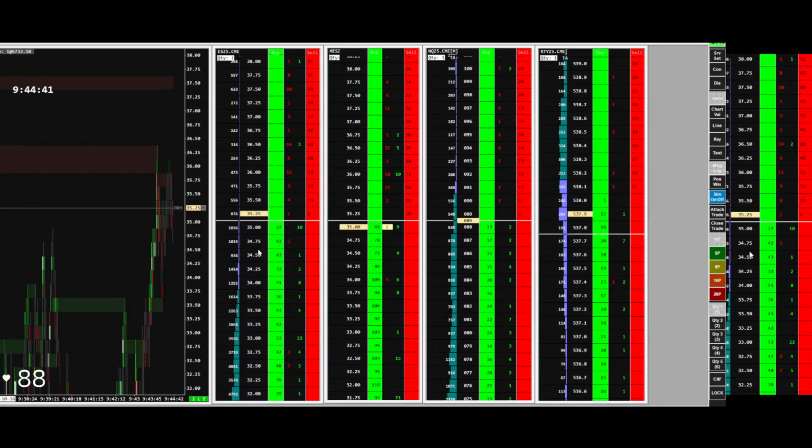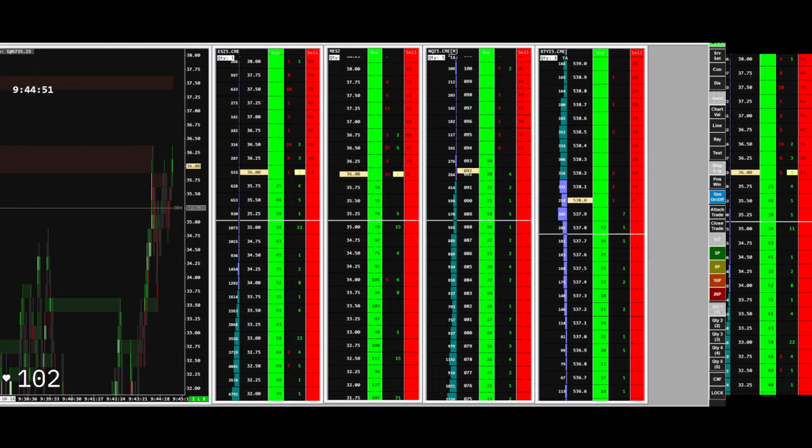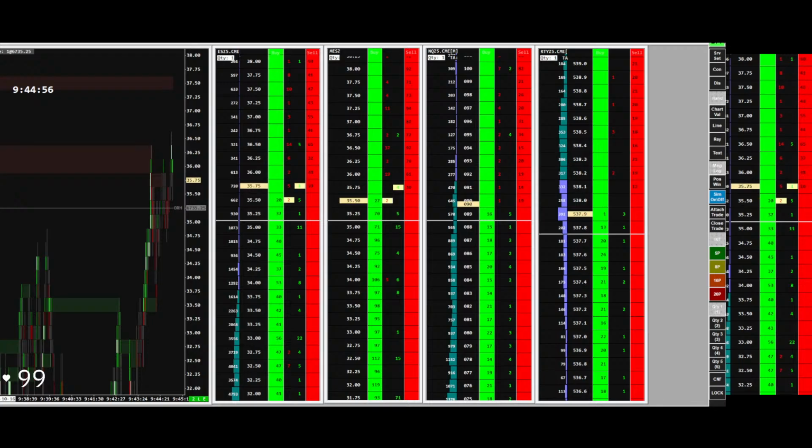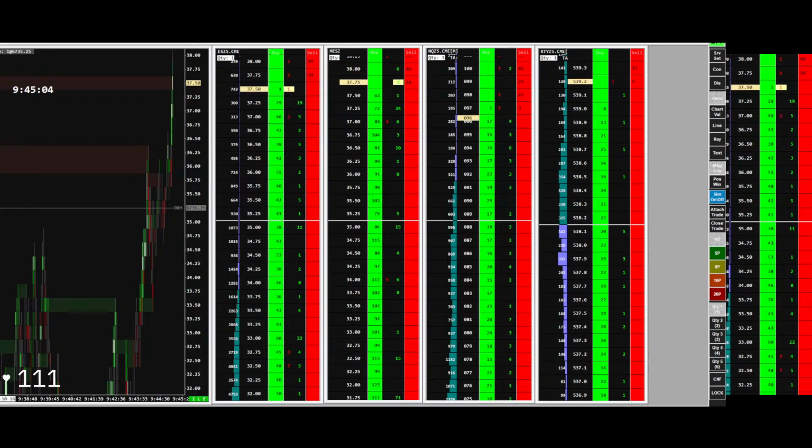Let's see if we can get a continuation here. It looks like it's accepting. I don't want to trade blind. I don't think it's working. The studies we have on might be too demanding. I might need to just take it off for now.